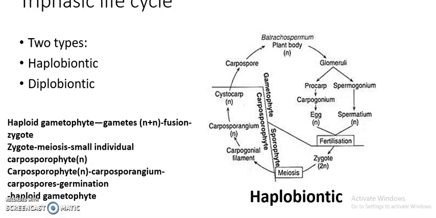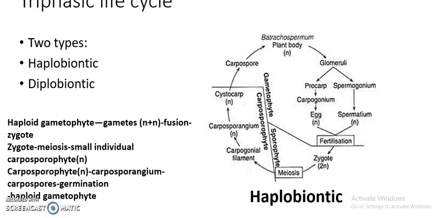diplobiontic life cycle. The first one, haplobiontic life cycle, which is seen commonly in Lemanea and Batrachospermum, in which the diploid phase is generally followed by 2 dissimilar haploid generations.